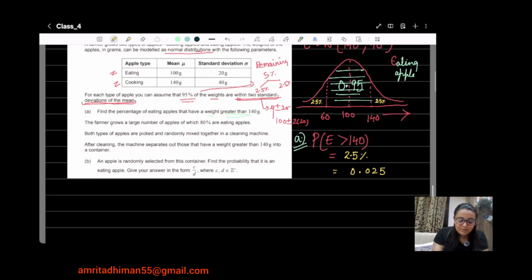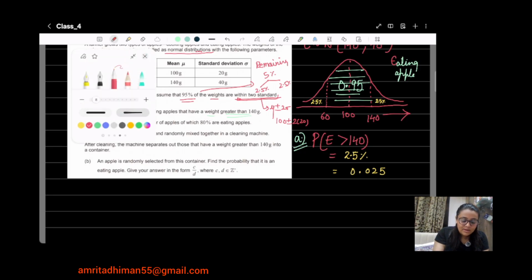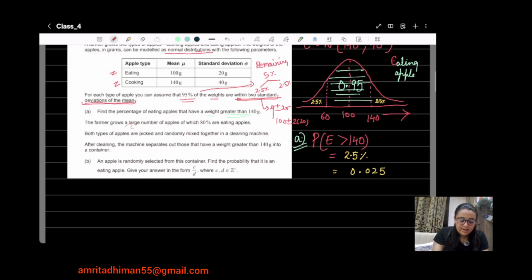The farmer grows a large number of apple, of which 80% are eating apple. Okay, so probability of eating apple is 80%. That means it is 0.8.